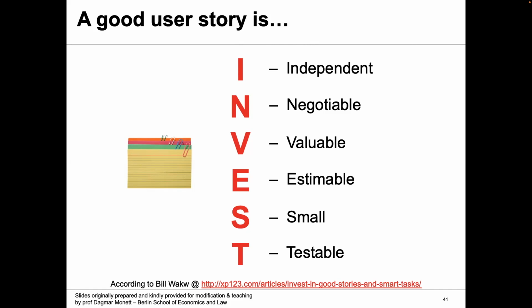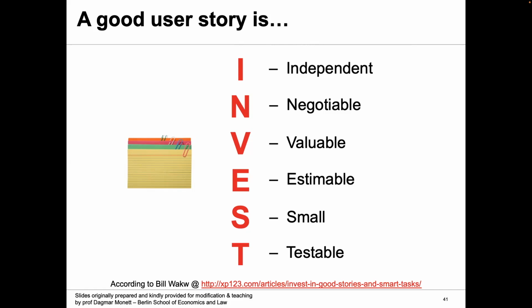Okay, so they need to be independent, and then N is for negotiable. As it says, something that is negotiable should be open to conversations, open to change, open to being adapted. So if you're a product owner, you come and discuss a user story with your team, you bring this story card to them, and during conversations your team comes up with a better idea.